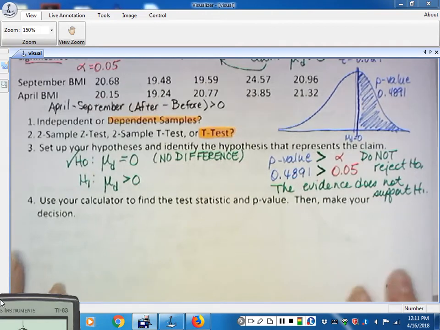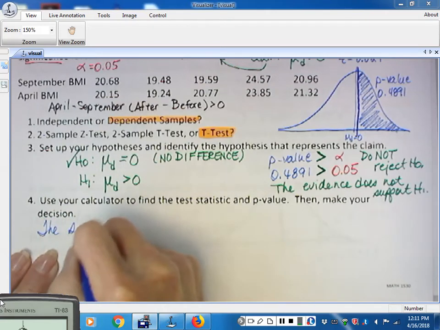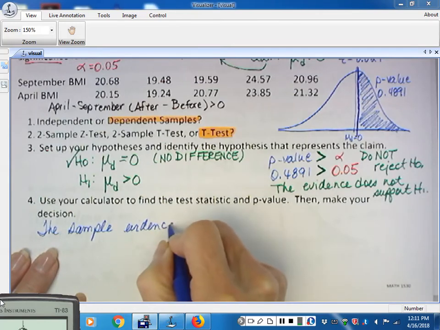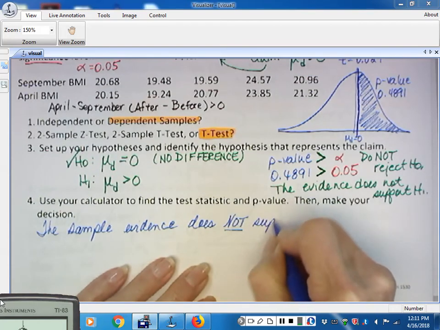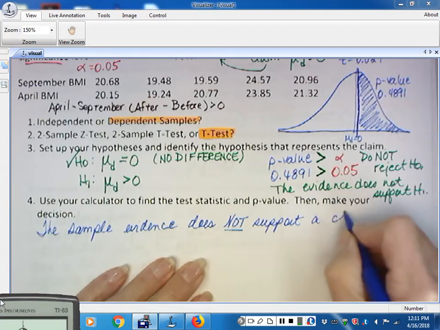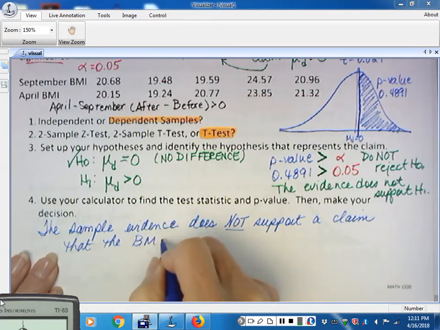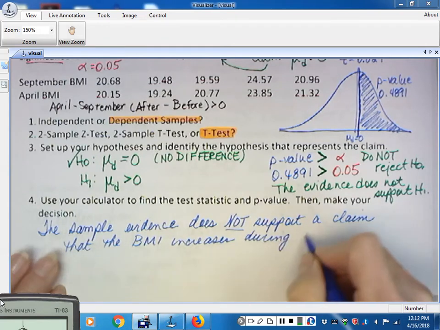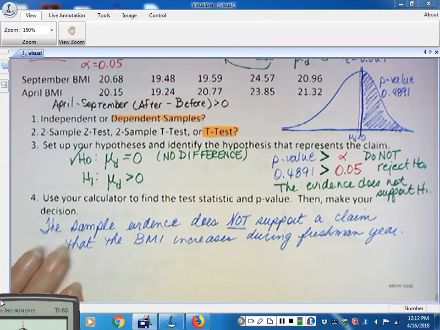So when we write our conclusion, we say the sample evidence does not support a claim that the BMI increases during freshman year.